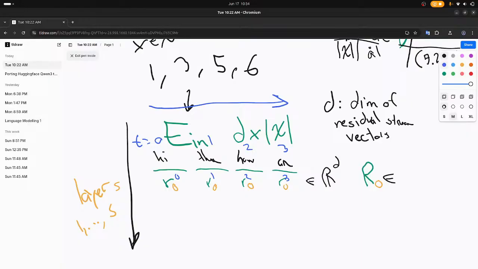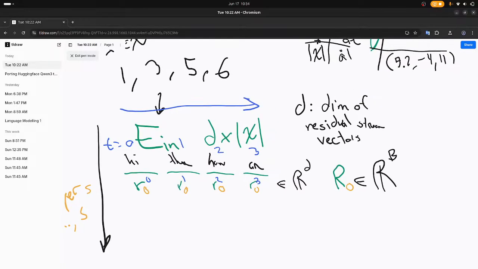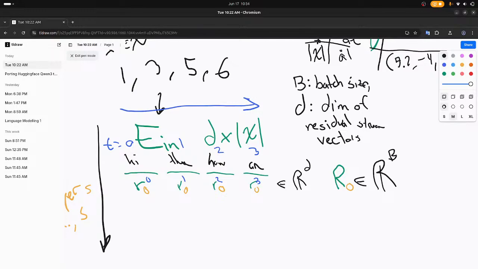So in practice, this matrix might be a matrix that has a certain number of sequences. We will use B for this. B is batch size, meaning the number of sequences at once.